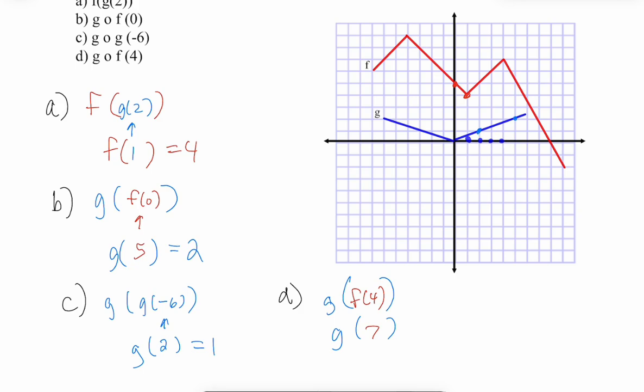One, two, three, four, five, six, 7 is not in the domain of our g function, is it? It doesn't work. There's no values to pick. That happens occasionally. So in that case, just put an undefined symbol.